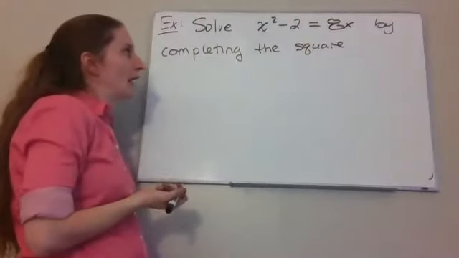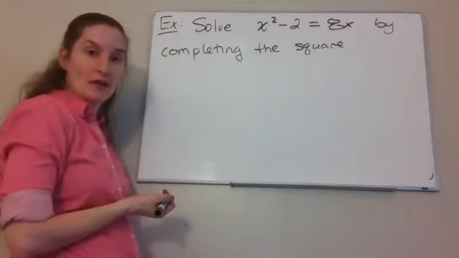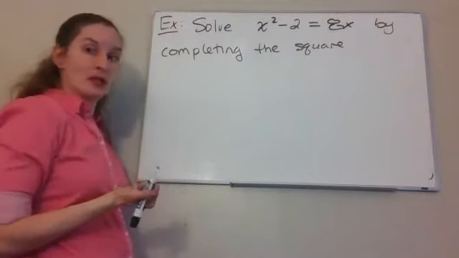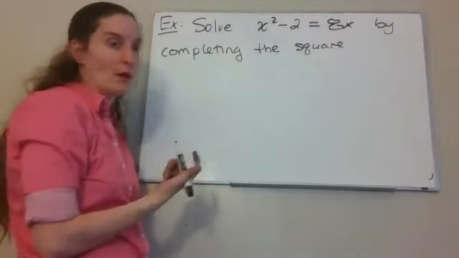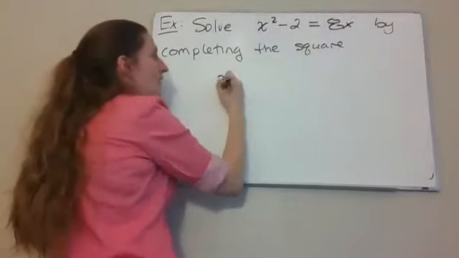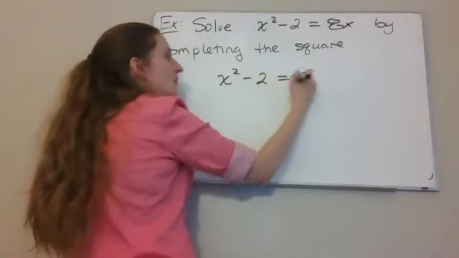All right, so what we have to do first is divide everything by our a. In this particular problem, though, my a is just 1. So when I divide everything by 1, I'm still going to have my same exact equation.